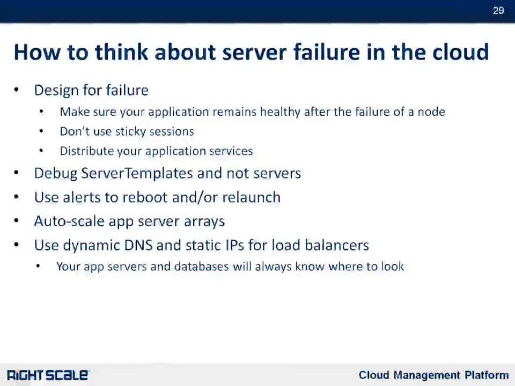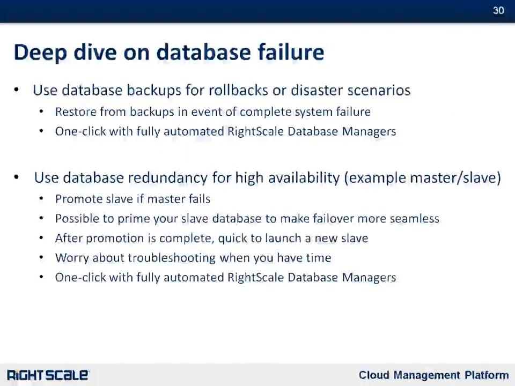Another point to get across is to use dynamic DNS and static IPs for load balancers. What you want is that new servers being launched can find your front ends and your databases so that they know where to look. The use of dynamic DNS and static IPs is key for this.